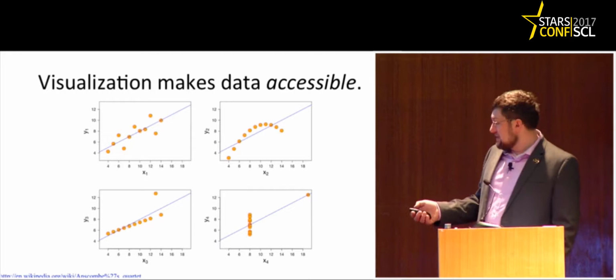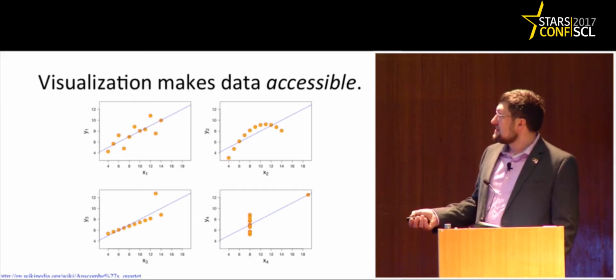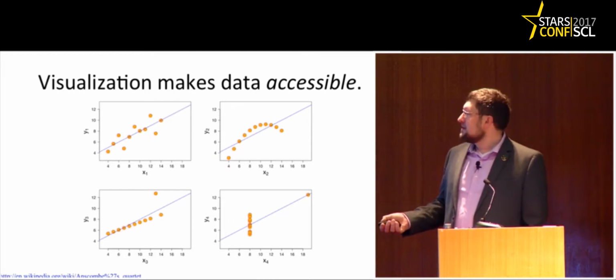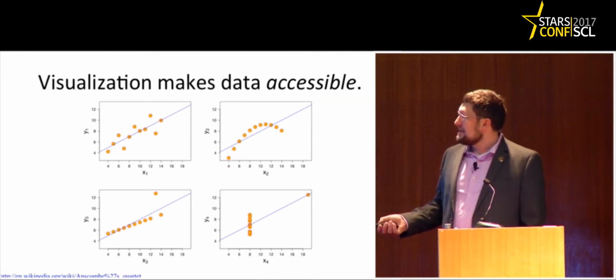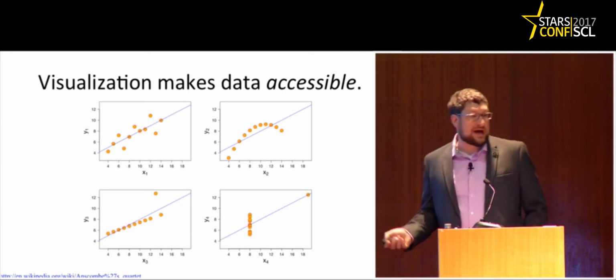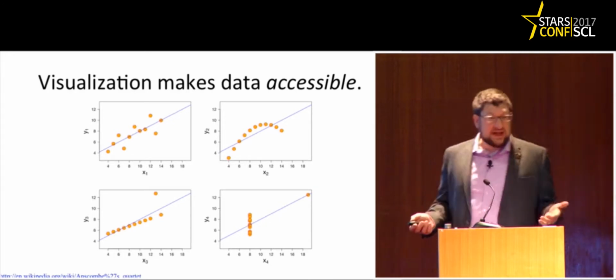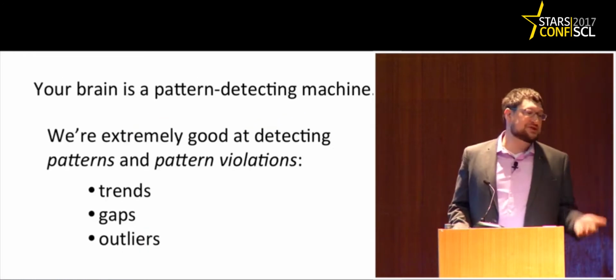I want to point some things out. We notice immediately the data points that are the outliers, that don't fit the trend or the pattern. We're very good at noticing a pattern, a gap here in the pattern or the gap down there, and the outlier that's far away from the pattern. Our brain is really good at this. Our brain is a pattern detecting machine.